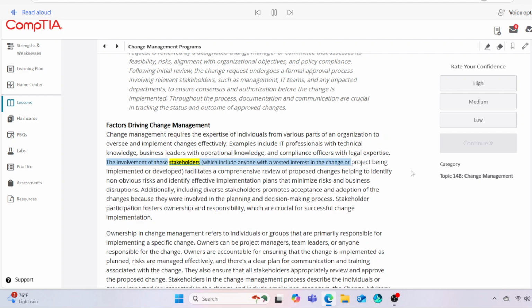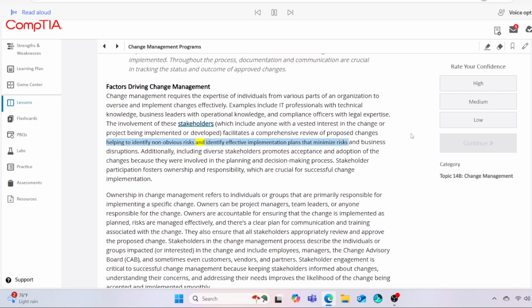The involvement of these stakeholders, which include anyone with a vested interest in the change or project being implemented or developed, facilitates a comprehensive review of proposed changes, helping to identify non-obvious risks and identify effective implementation plans that minimize risks and business disruptions. Additionally, including diverse stakeholders promotes acceptance and adoption of the changes because they were involved in the planning and decision-making process. Stakeholder participation fosters ownership and responsibility, which are crucial for successful change implementation.